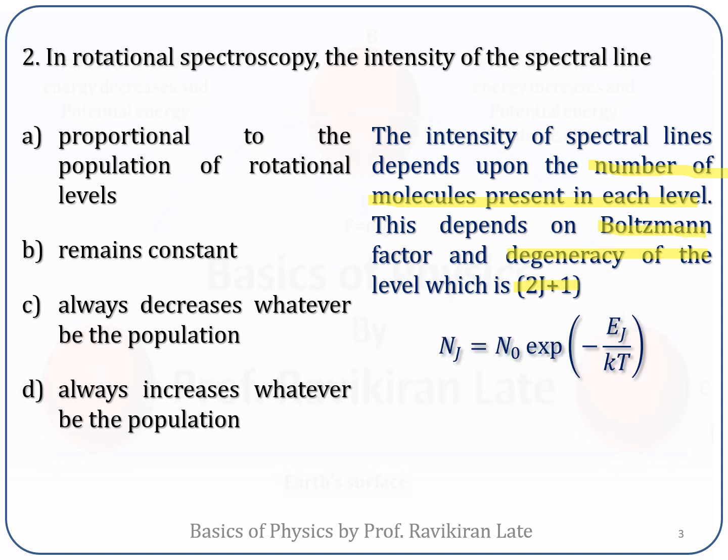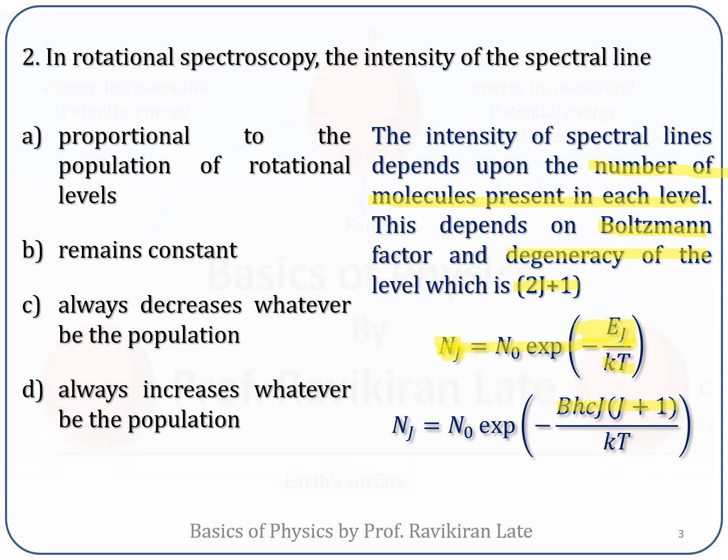If you consider that Maxwell Boltzmann factor and this degeneracy, then the population of a given state, nj, the number of molecules in a given state j, is given by n0 e to the power minus Ej upon kT. Here Ej is the energy which we just saw.